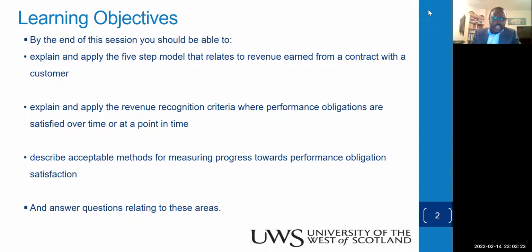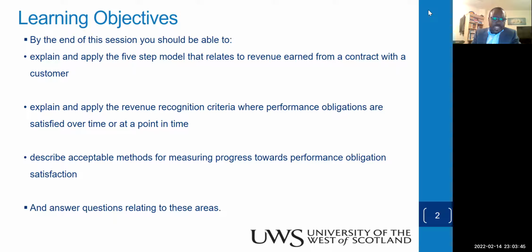At the end of the day, we should explain the revenue recognition criteria where performance obligations are satisfied over a period of time or satisfied at a point in time. Two things: where performance obligations are satisfied over a stretch of time, and where they are satisfied or met at a given time.